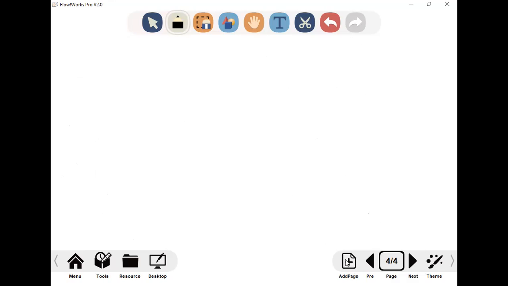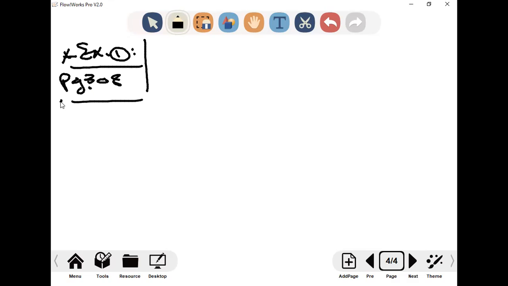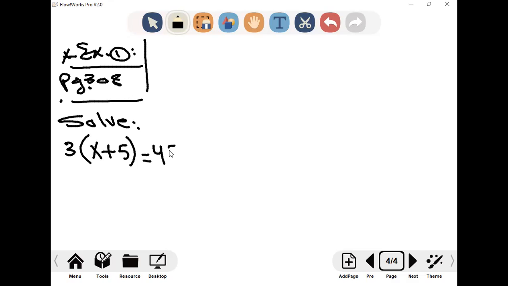Now, example 1, please. Example 1, page 308. Do you understand the idea? Yeah. So we are in example 1, page 308. Solve 3 multiply x plus 5 all equal 45.